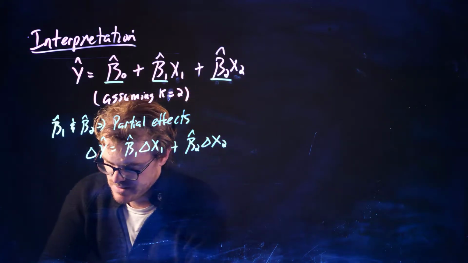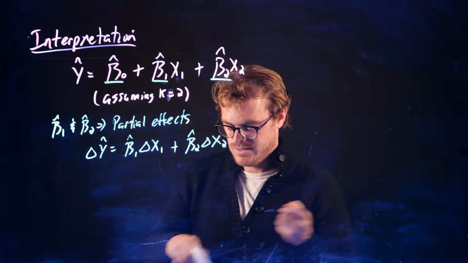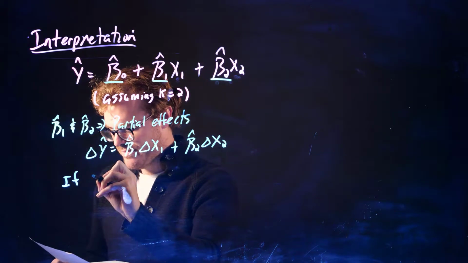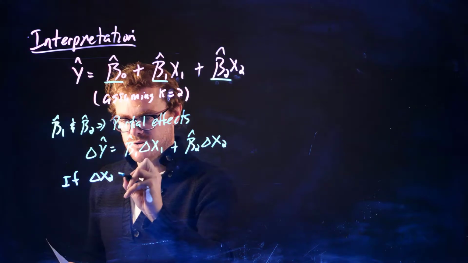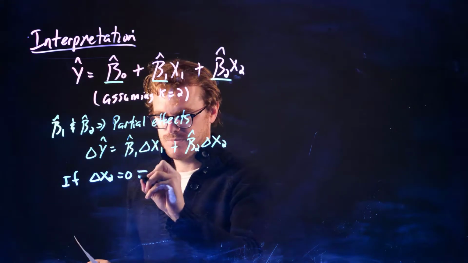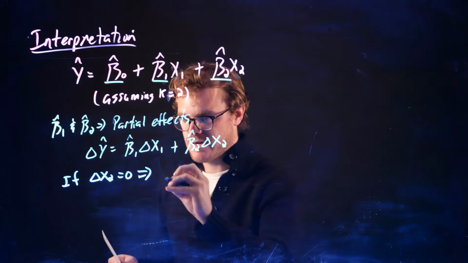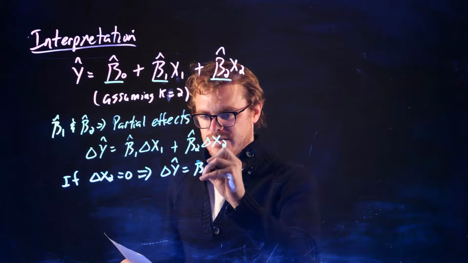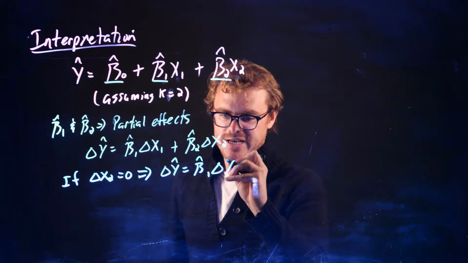So let's write that out. If the change in x2 equals 0, then the change in y hat equals beta hat 1 times the change in x1.